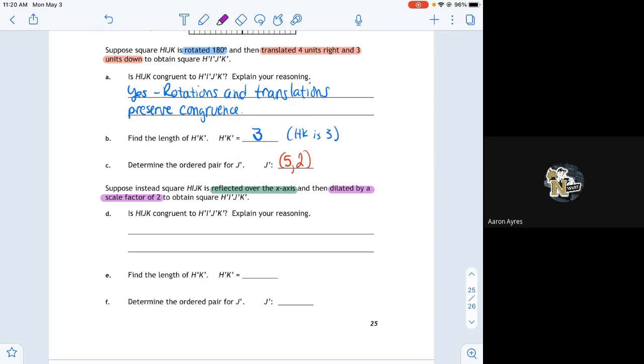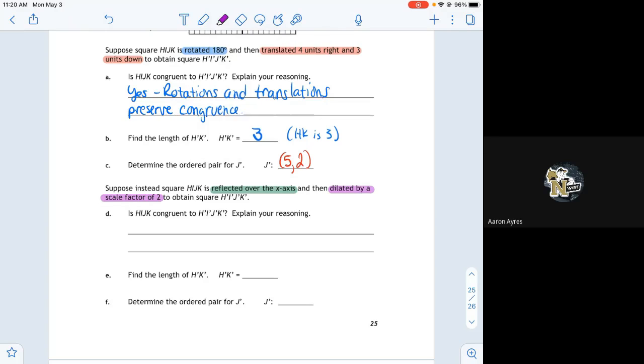Is your reflection over the right axis? That's correct. Find that point on the x-axis so you have it in the right spot.